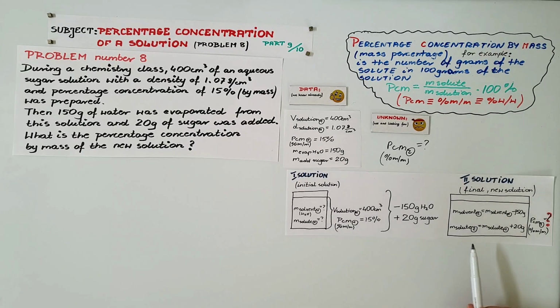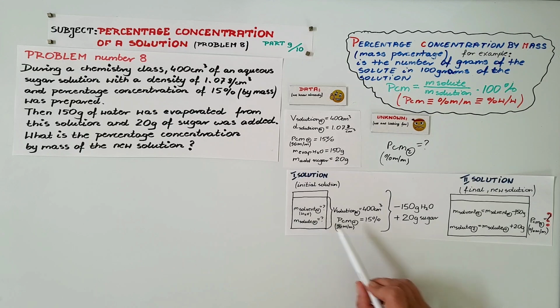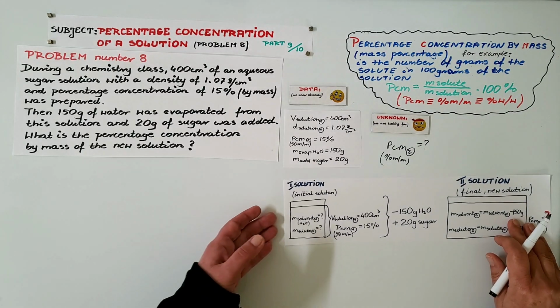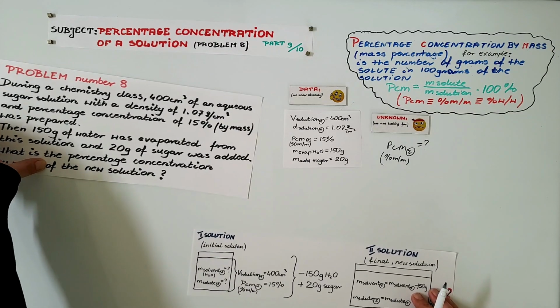In the second solution, we have mass of solute 2 and mass of solvent 2. Mass of solute 2 equals mass of solute 1 plus 20 grams. Mass of solvent 2 equals mass of solvent 1 minus 150 grams because we evaporated water.